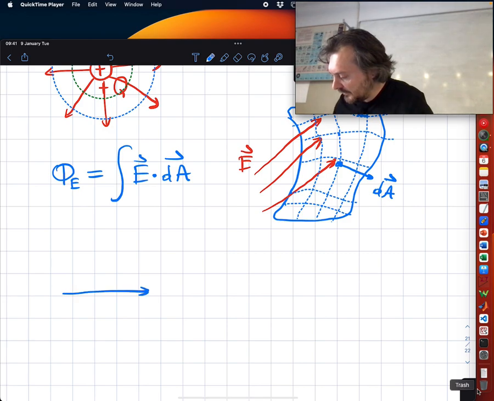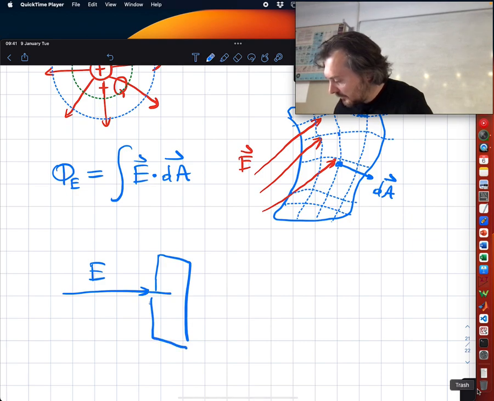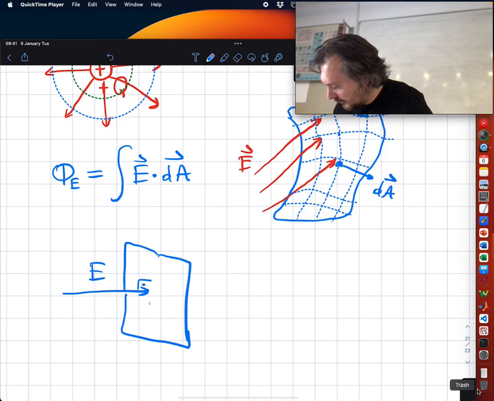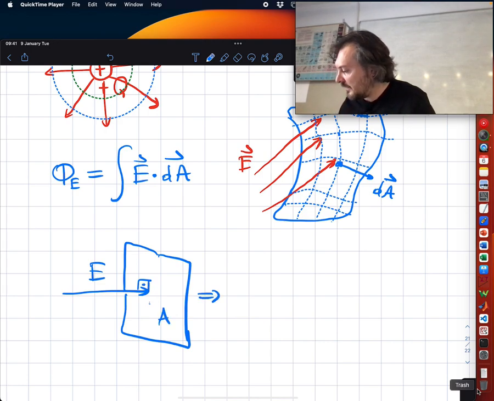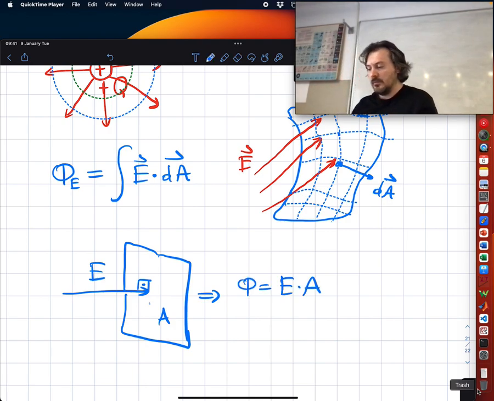So this is the electric field, and there is a surface directly perpendicular to it. Then the flux is simply E times A, because all of the area is perpendicular.